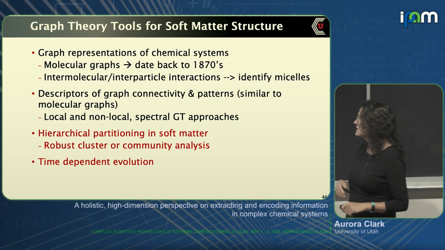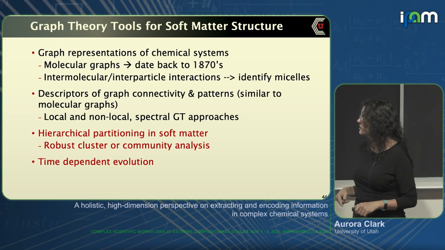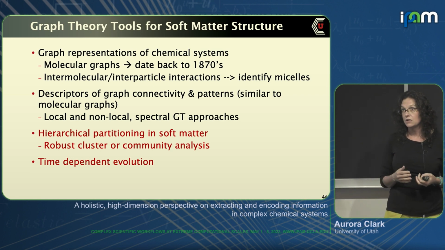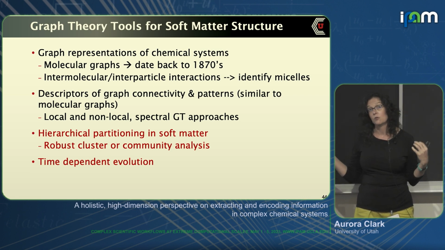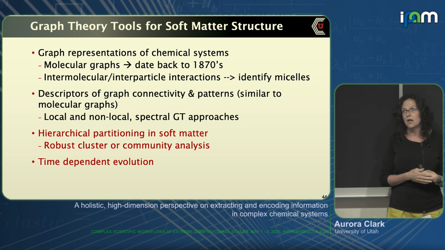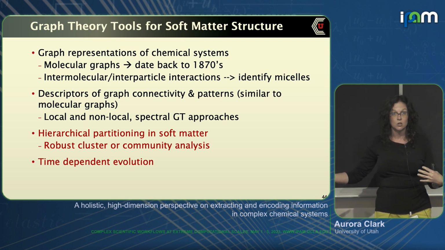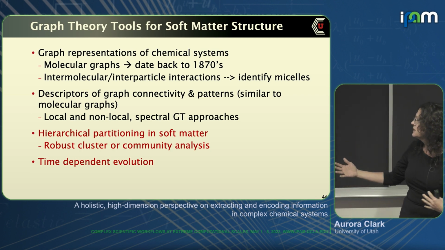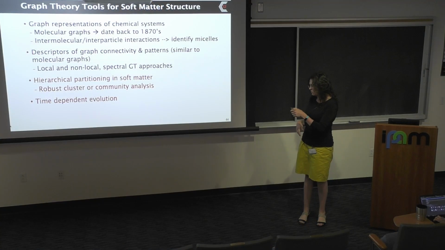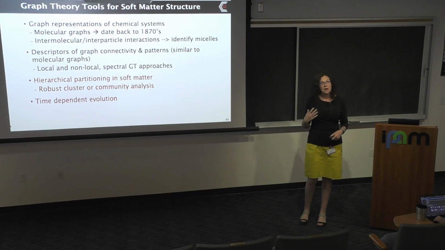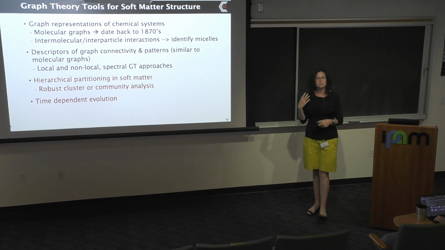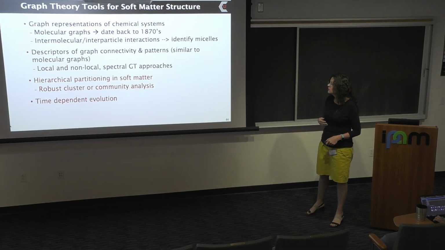What I want to focus on today is a little bit more of our more recent research, where the emphasis is really upon creating a platform or framework for understanding multiple length scale encoding of structure in these solutions, and trying to come up with and adapt community analyses in a hierarchical way, as well as to capture the time-dependent behavior.